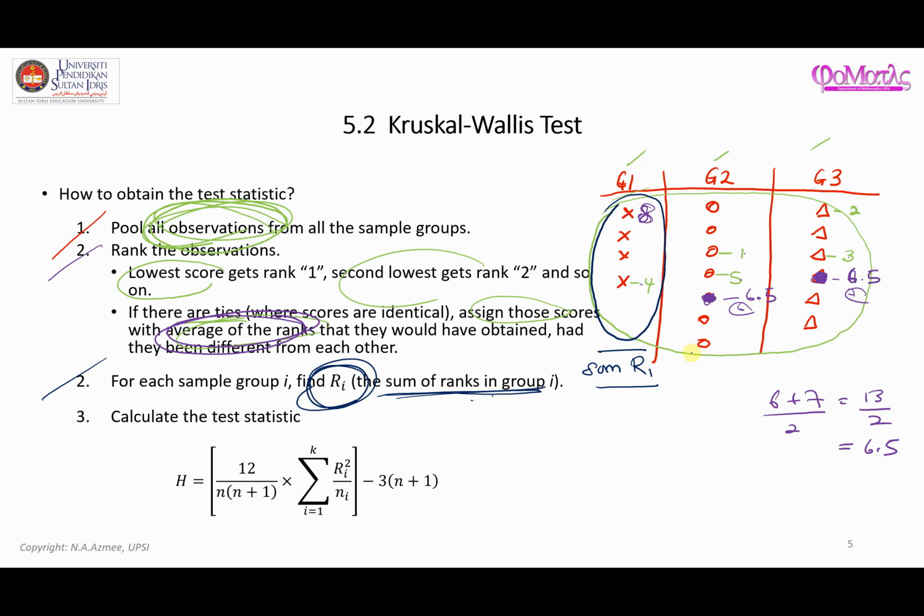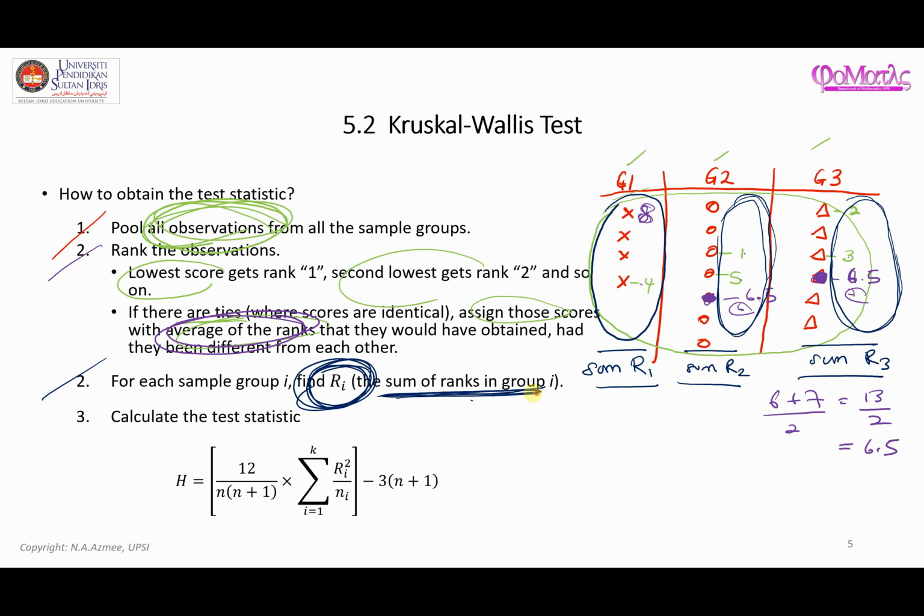Then go on to the second group, sum all the ranks that you have obtained for the second group, so you get the sum R2. And similarly, the process is done for the last group. Get all the ranks that you have assigned, sum them up, and this is R3. So basically R3 here is the sum of ranks in group 3.